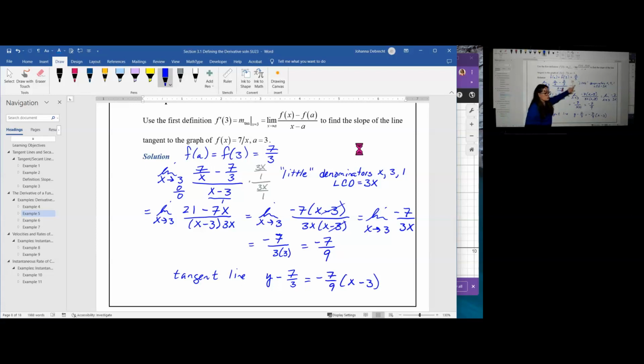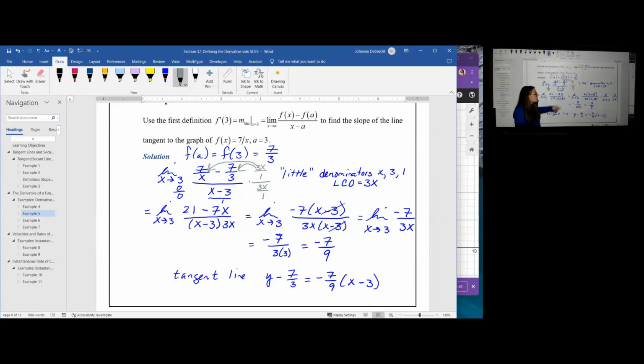I distribute the 3x over both the 7 divided by x and the negative 7/3. This leads to 21 minus 7x. Then I multiply the 2 together in the denominator, but notice I didn't multiply that part out because I'm hoping that the x minus 3 will cancel.